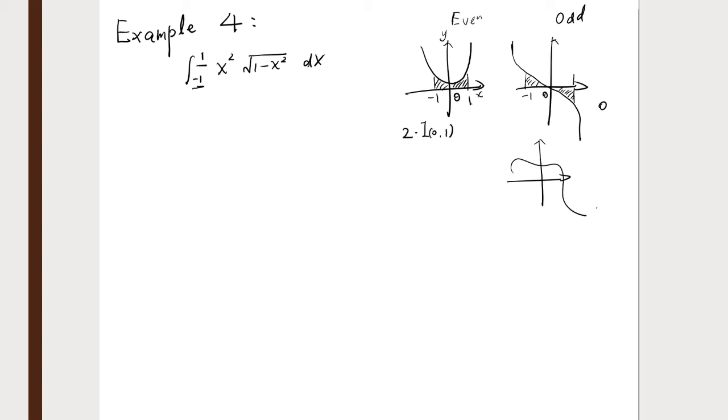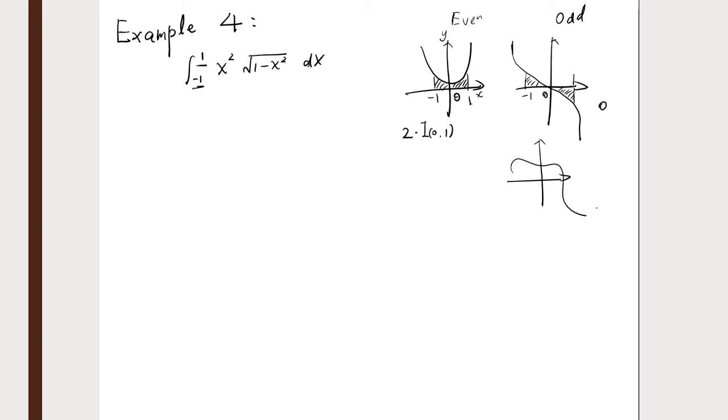So in this case, x squared times the square root of 1 minus x squared is an even function. Well, you can try 1 and -1, and so f(1) equals f(-1). You can try it. So that's why it's an even function.